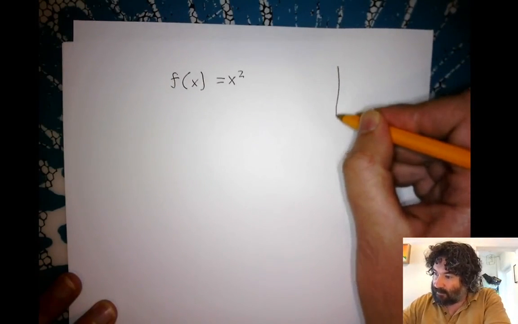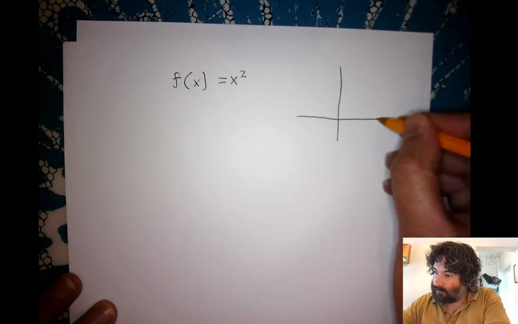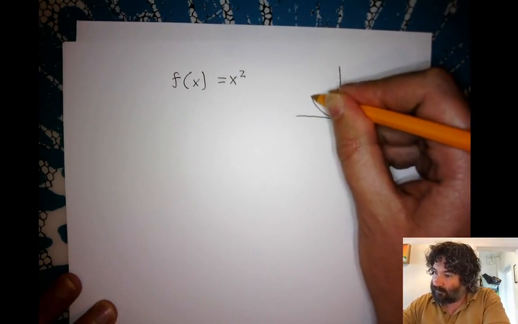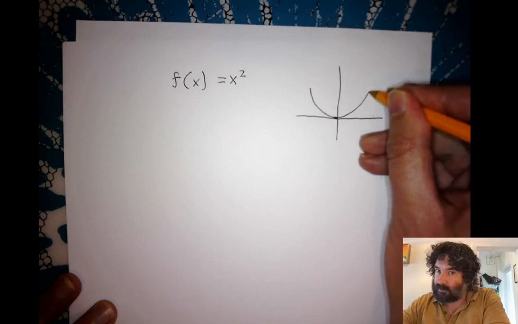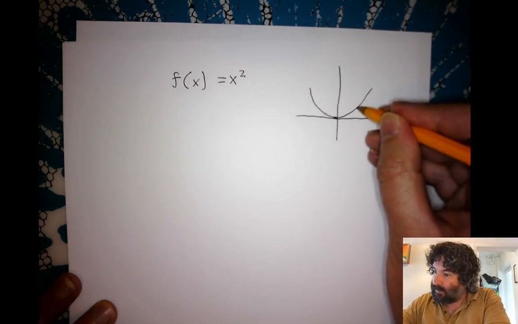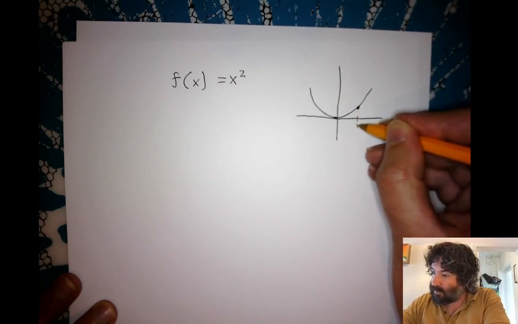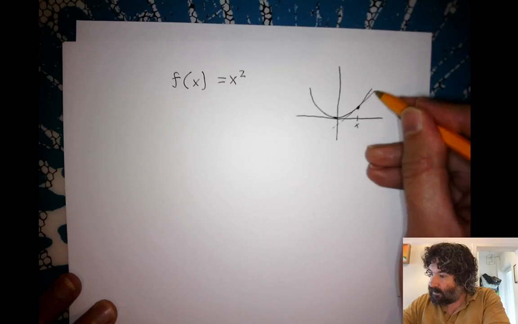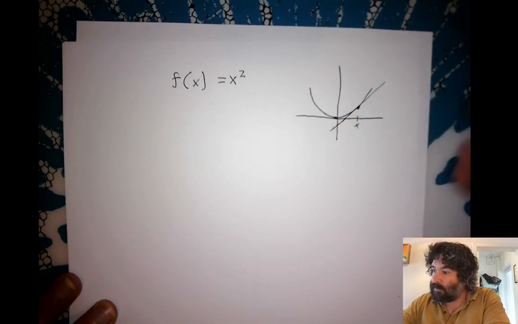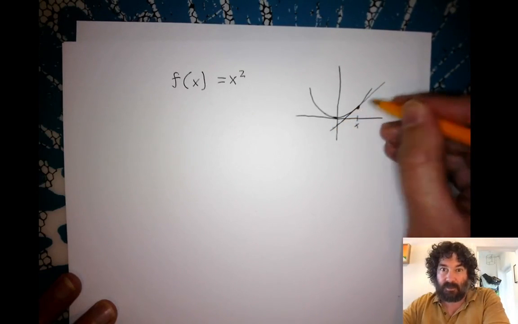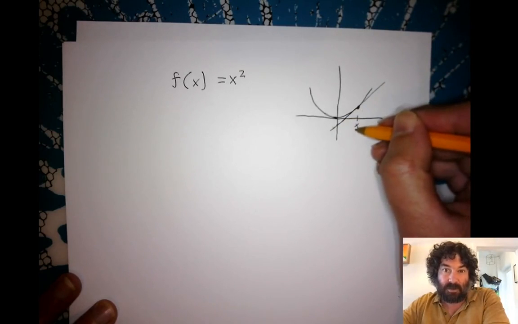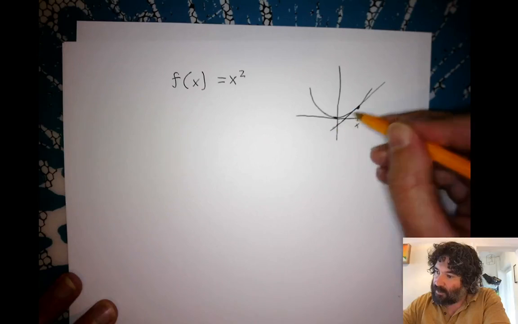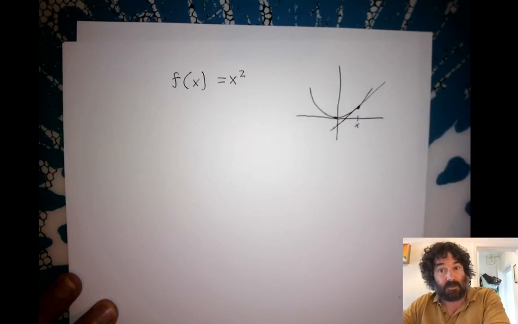The graph is the parabola, something like this. And if we're at a given point x here, the derivative will be the slope of this tangent line. So what we're looking at, we're at a given point x, then the tangent line to the parabola, we want to find the slope of that, and that's the derivative.